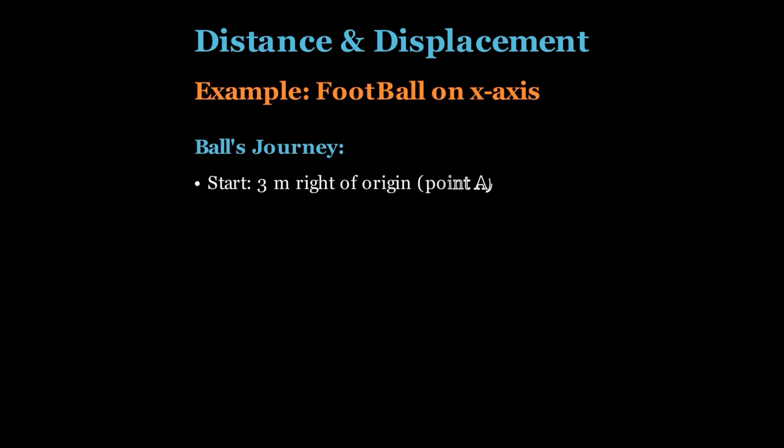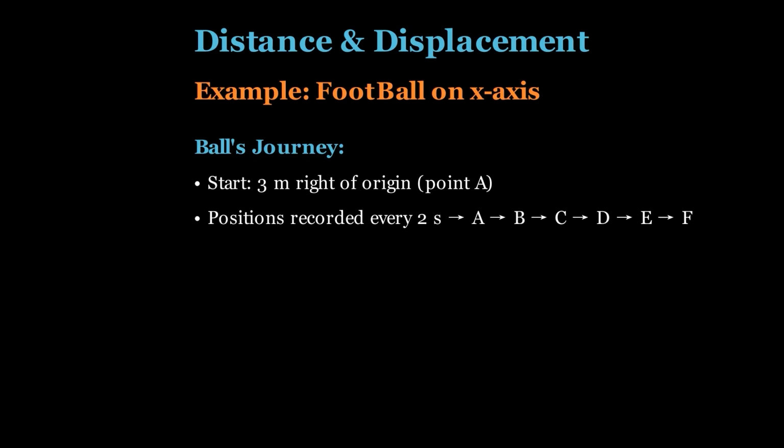Now let's look at an example that makes things obvious. Imagine a ball rolling back and forth along the x-axis. At the start, the ball is 3 meters to the right of the origin, point A, and we track its center position every 2 seconds.